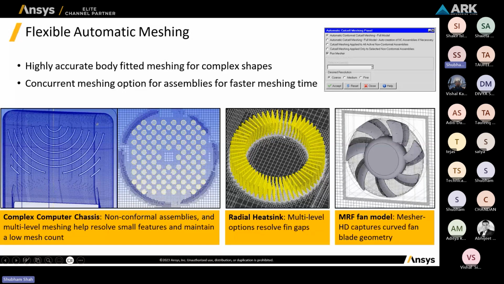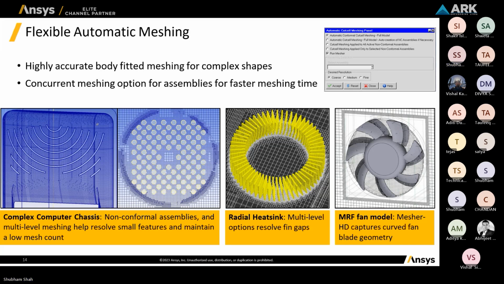So it's automated in such a way that you don't have to worry much about the meshing part. You just have to perform the meshing, keeping certain points in mind.